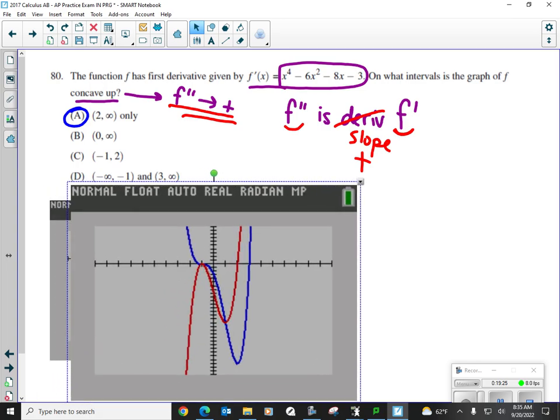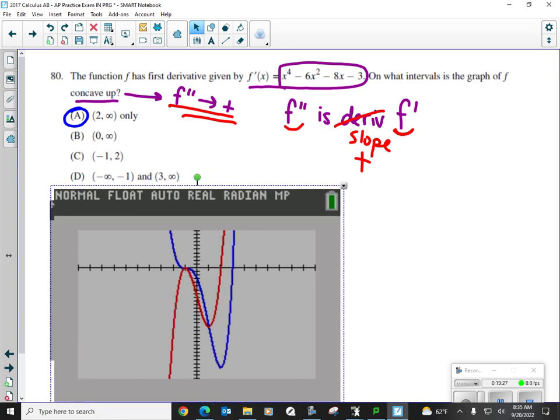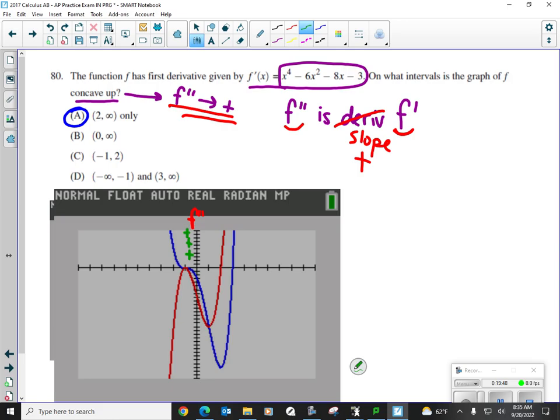All right. So we know the blue graph has a positive slope from x is 2 to infinity, to the right. But if the red is the second derivative, how do I know where the second derivative is positive? The y values on the red line represent the second derivative. Aren't y values all positive when you go above the x-axis, and negative when you go below?